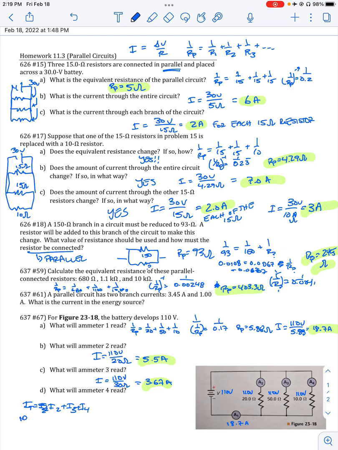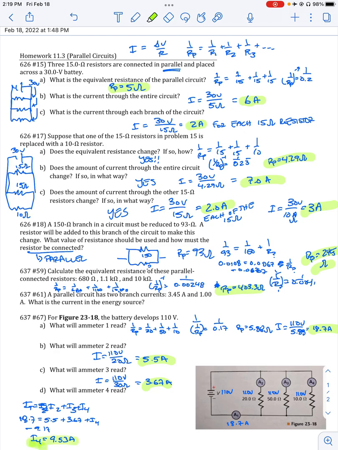We know our total is 18.7. 5.5 plus 3.67 plus the fourth one. 5.5 plus 3.67, we could subtract by 9.17 and find that I4 is 9.53 amps. That's one way to do it.